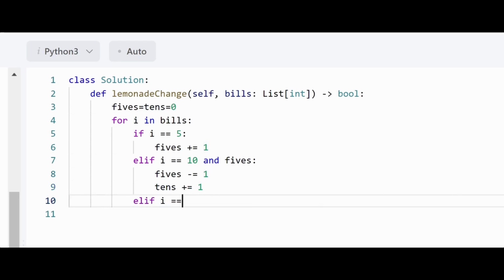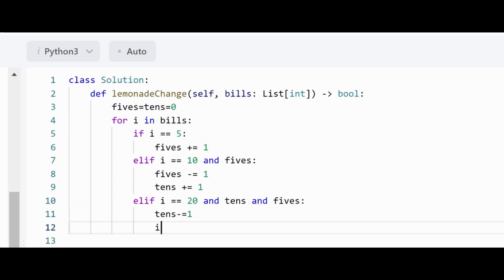Next, we're going to check for the $20 bill. If we have a $20 bill, firstly we check if we have both tens and $5 bills. If we have both, we take out one $10 bill and one $5 bill, and give it back.